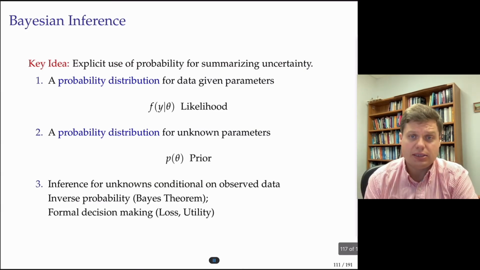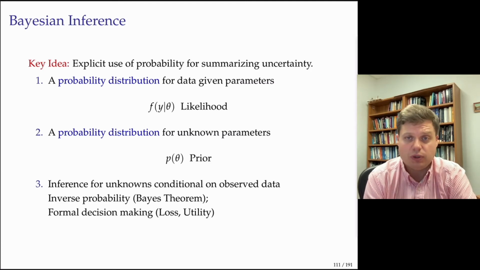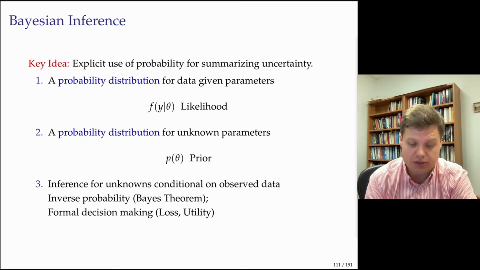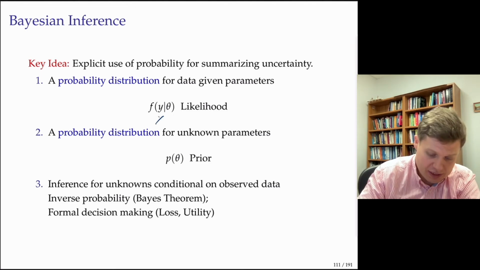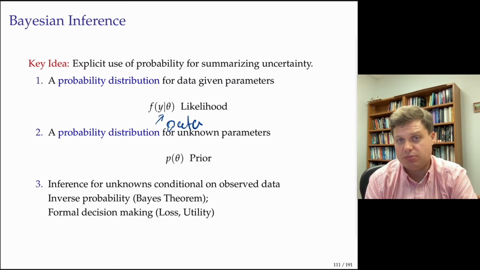All right, so back to Bayesian inference, the problem of what Bayesian inference really is. You always start with a probability distribution for data given the parameters. That's your likelihood. For data, I just use the notation y. So you have some data, some observations in hand, and you assume some distribution over this data, some parametric distribution like normal, binomial, or Poisson.